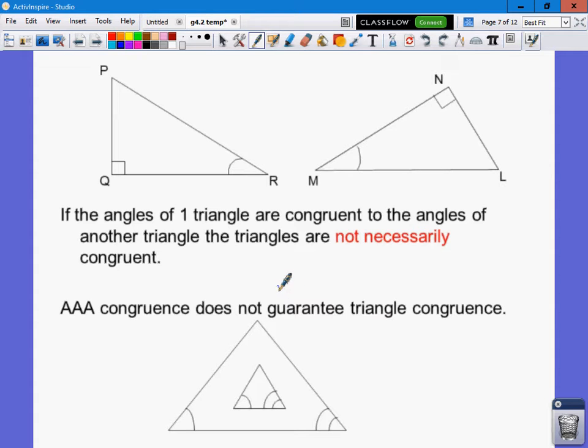Next, if the angles of one triangle are congruent to the angles of another triangle, the triangles are not necessarily congruent. If I take a look at P, Q, and R, and then I look at L, N, M, I have 2 angles of one triangle congruent to 2 angles of another. What can you tell me about angle P compared to angle L?